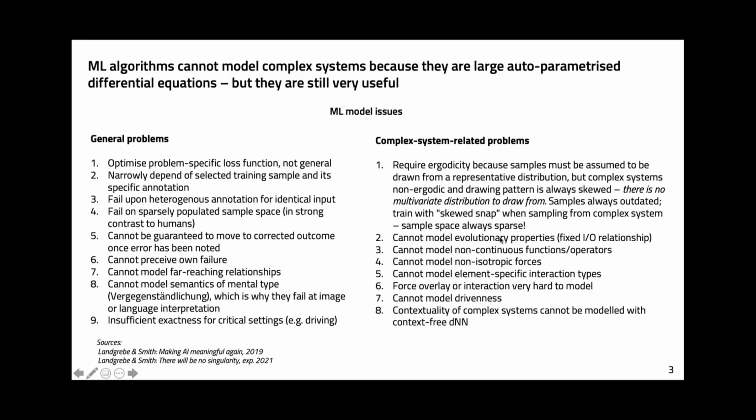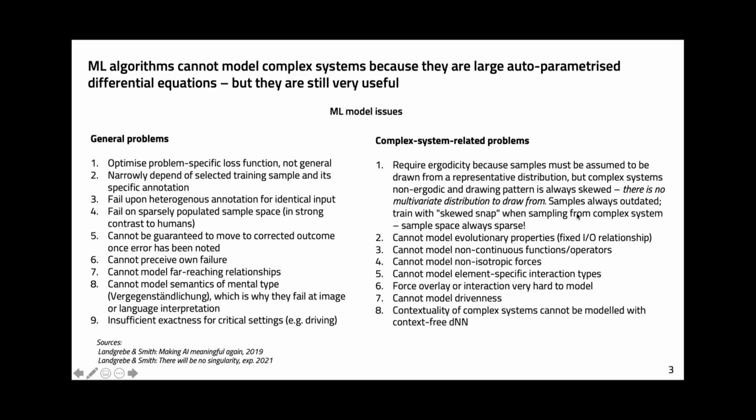However, reason number 1 on the right-hand side says that complex systems create non-ergodic distributions. And so when you make a photo, so to speak, from a complex-system-derived situation, this photograph, in quotation marks, is basically always skewed. That's the most important thing you have to learn today.